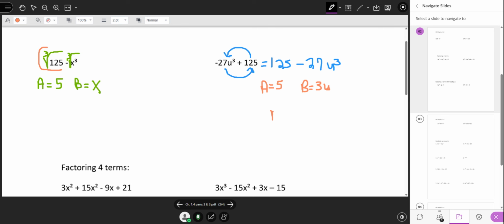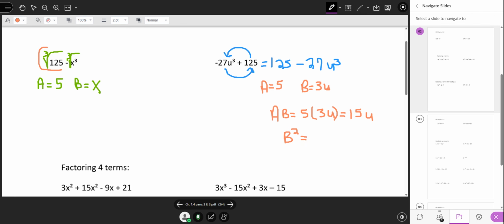But I do want to show AB. And I want to show B squared. So 5 times 3u would be 15u. And then B squared.